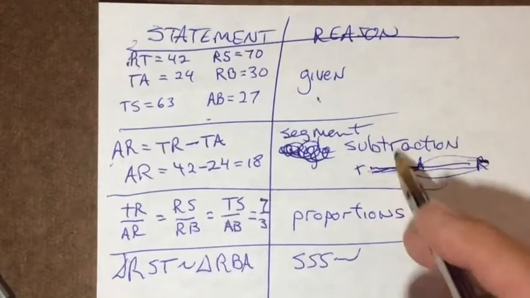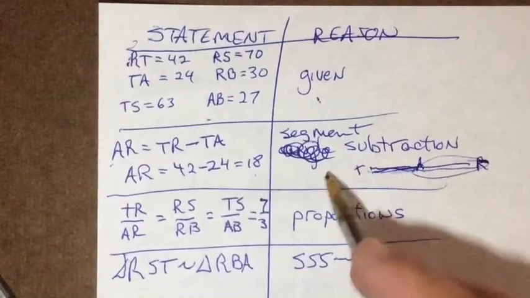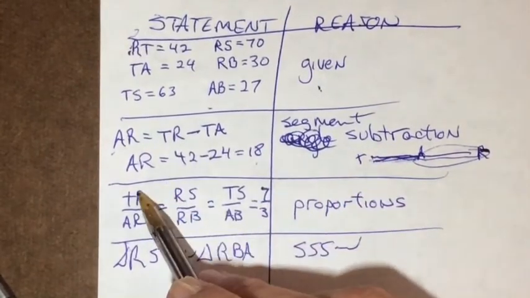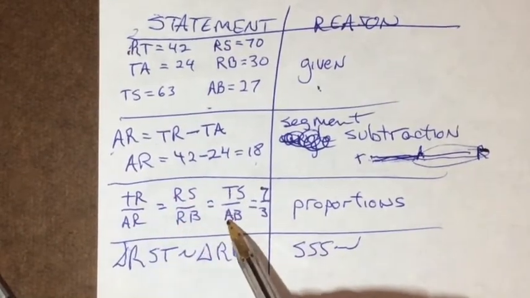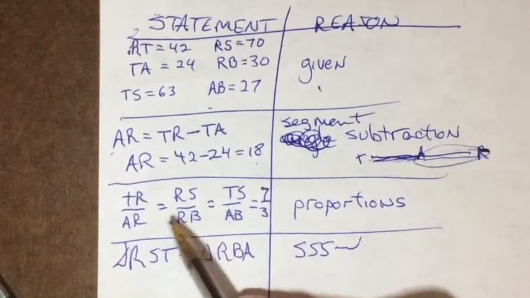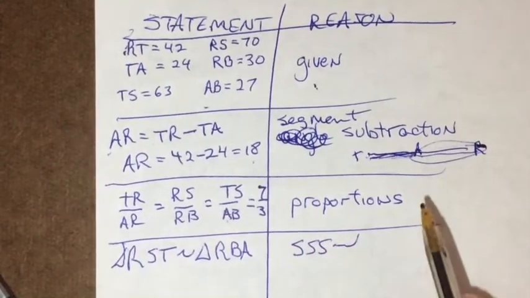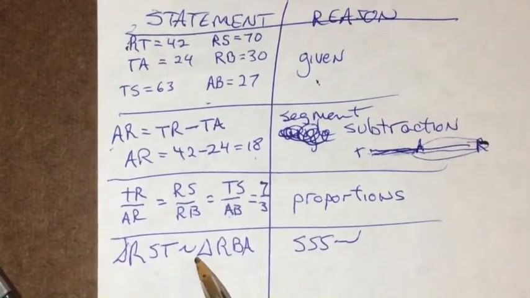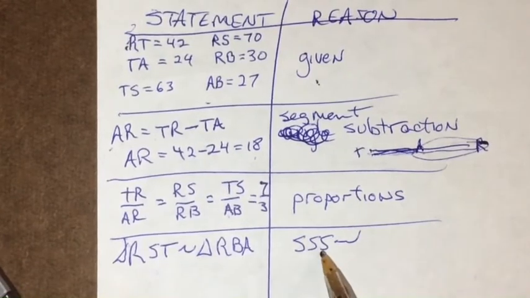That's segment subtraction. So we got that. Then we have enough so that we can make ratios out of all three sides. And it turned out that 7 over 3 was the ratio you got, so that was proportions. And that made this side, side, side similarity.